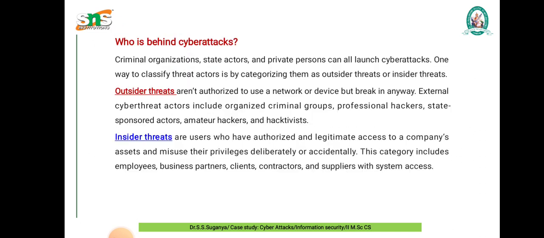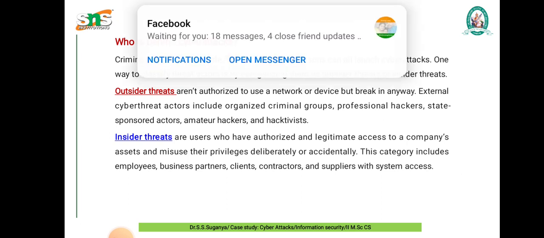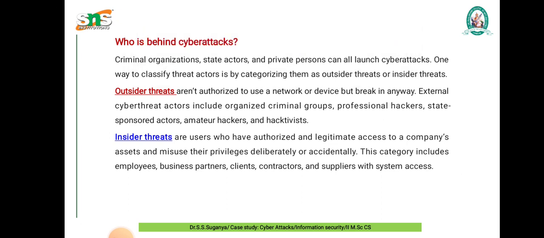Let us see who the possible people behind the cyber attacks are. Criminal organizations, state actors and private persons can all launch cyber attacks. One way to classify threat actors is by categorizing them as outsider threats and insider threats. So we'll see about both.